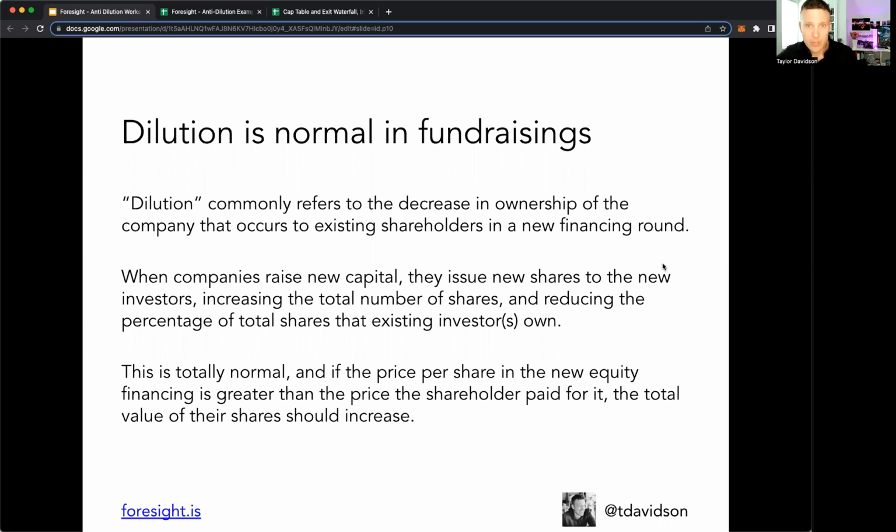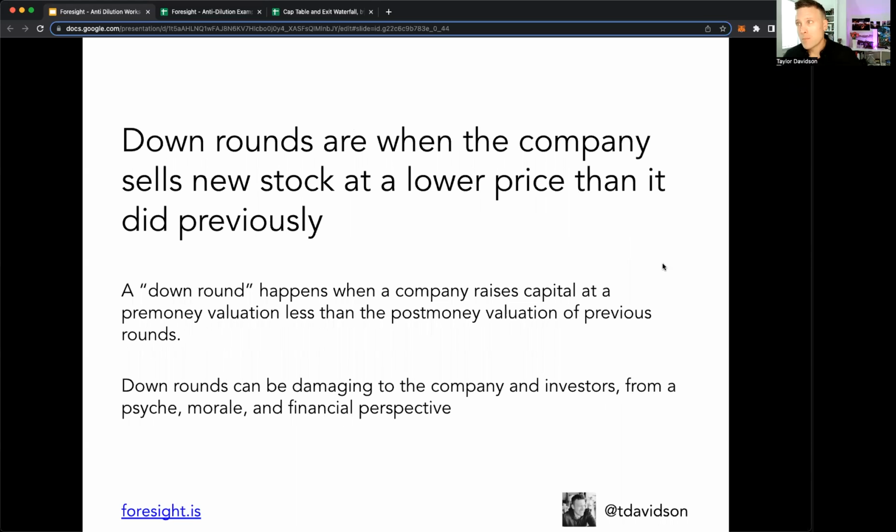When companies raise new capital, they issue new shares and the total number of shares increases. If you as an investor or shareholder don't get more shares as part of that, you get diluted. You own a smaller ownership percentage. And this is normal, and it's actually fine. If the price per share in the new equity goes up over time, then the value of your holdings should go up. Now, the problem comes in with down rounds.